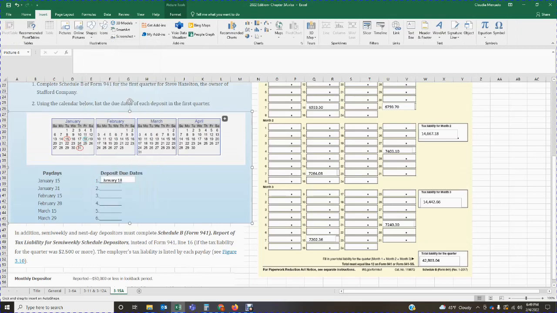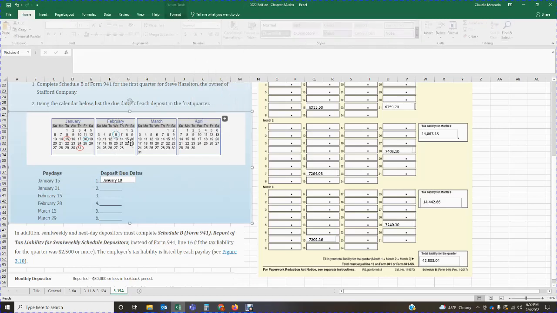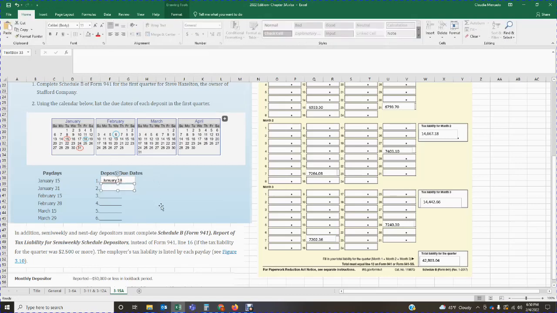You see, this is Thursday. It says the following Wednesday, so the following Wednesday would be the 6th. I'm just going to do about 3 of these, that way you get the hang of how it's done.